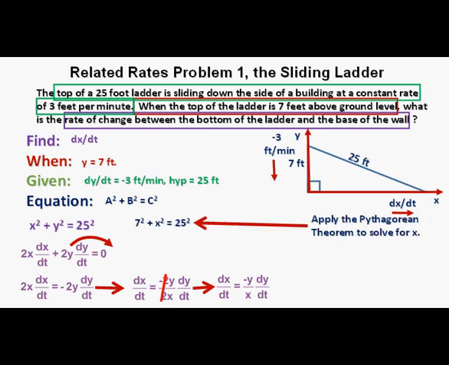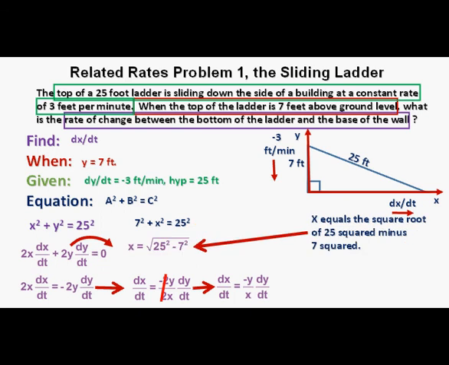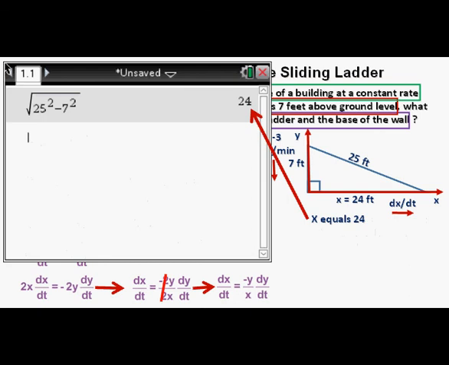To solve for x, we have y squared, which is 7 squared, plus x squared equals 25 squared. This is just applying the Pythagorean theorem to solve for x. We have x equals the square root of quantity 25 squared minus 7 squared, and getting out the calculator and solving, we get x equals 24 feet.